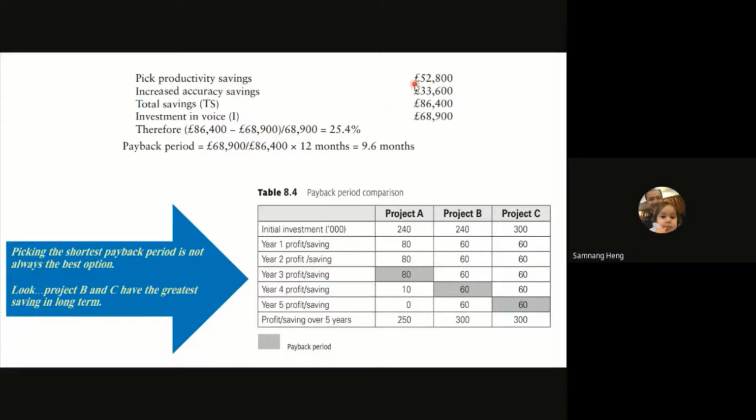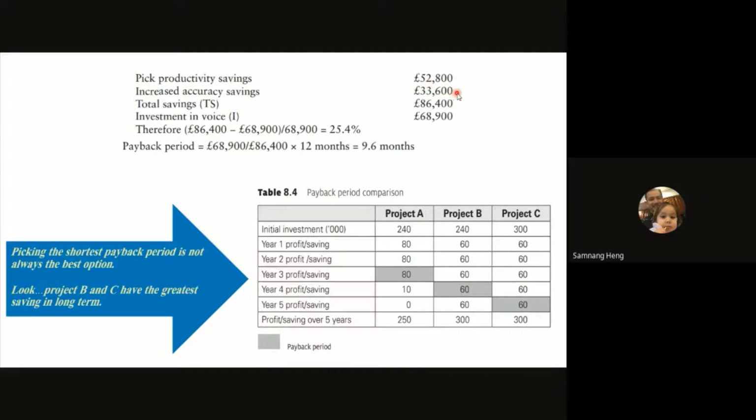The company could save 52,800 pounds because instead of paying the employee, now the company doesn't pay anyone anymore. It just uses technology, and you don't have to pay anything as long as you have internet connection and electricity, right? And increased accuracy saving.